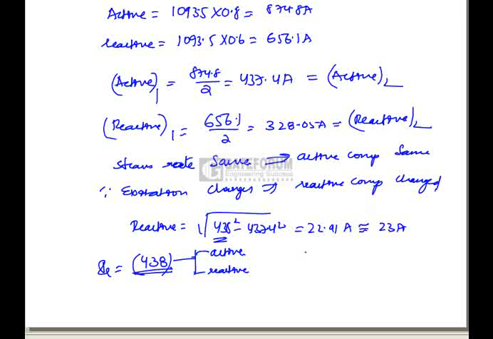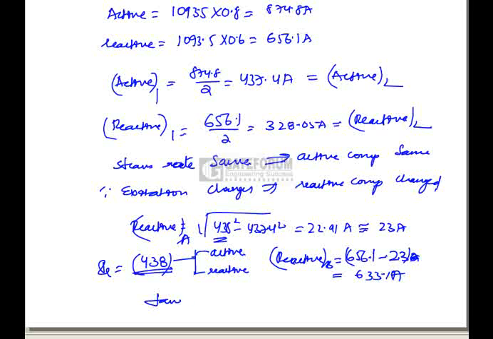Now what is the reactive component of machine B? This is the reactive component of machine A. The reactive component of machine B is 656.1, that is the total reactive component minus the reactive component of alternator A, which is 23 amperes. This is equal to 633.1 amperes.